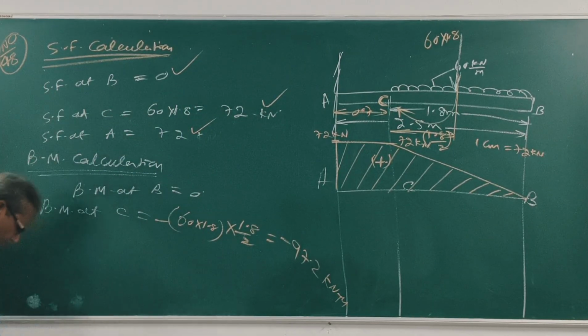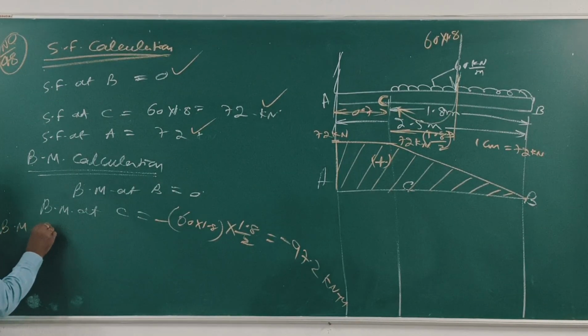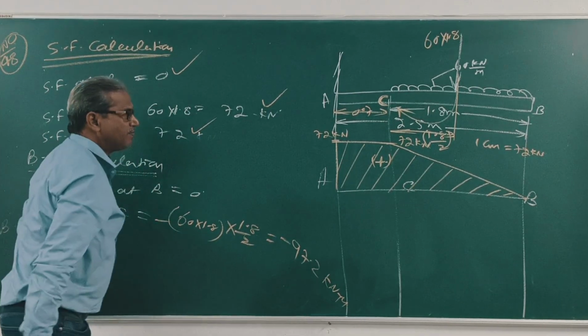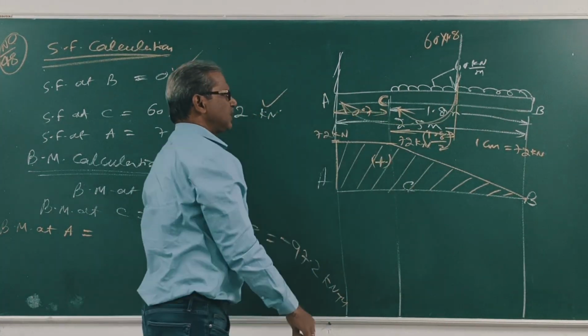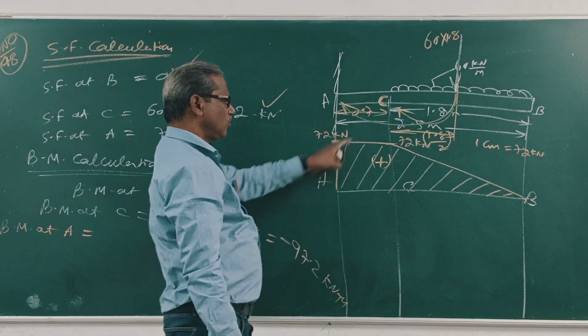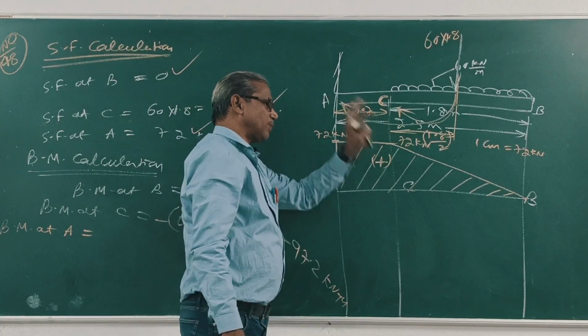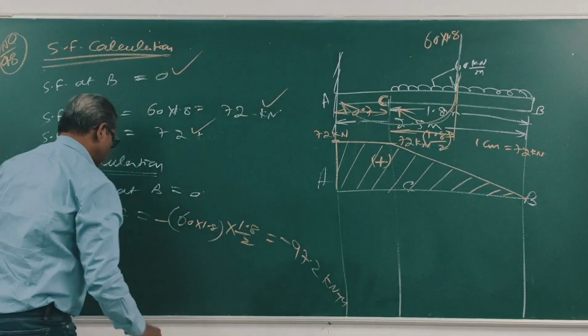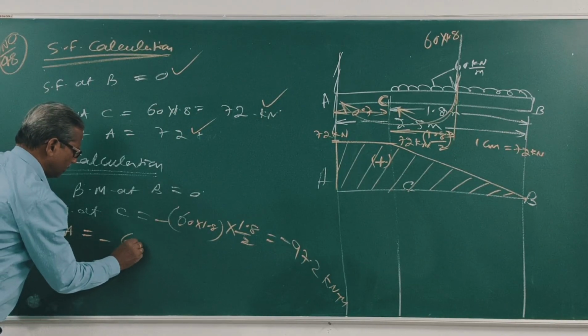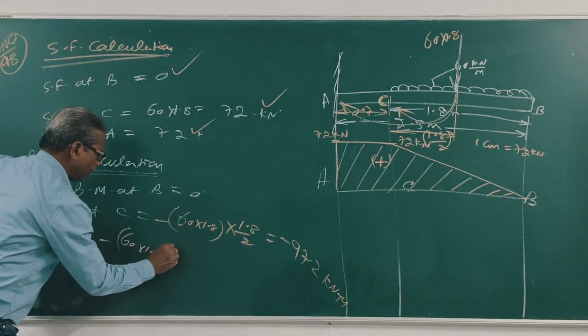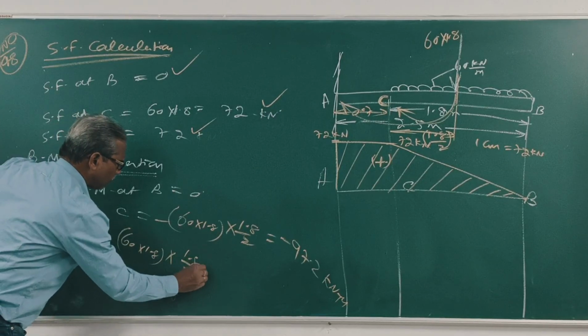Bending moment at A: minus 60 into 1.8 into 1.8 by 2 plus 0.7.